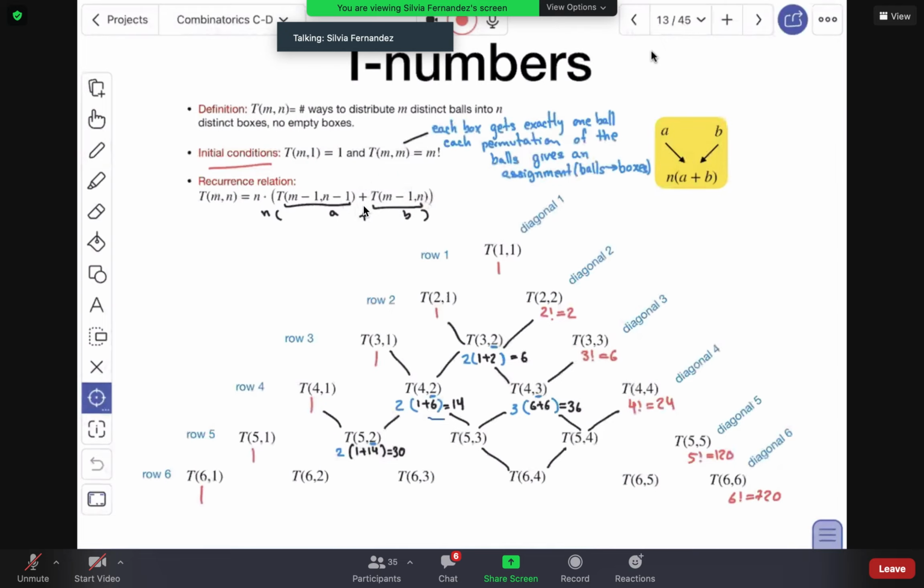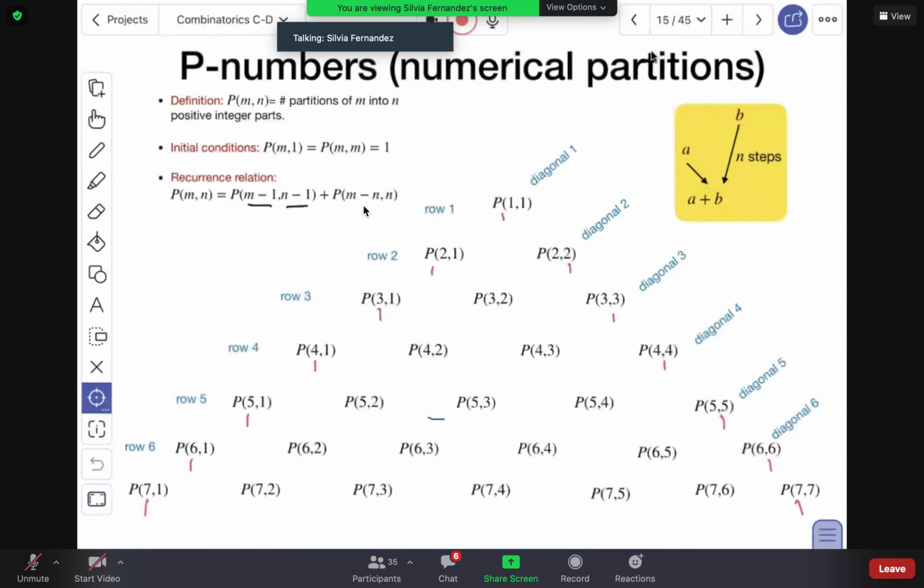In the numerical partitions triangle, this is m-n, n. So this is in a different row. It's not just one row above, it's n rows above. And it has to be the same entry as the one that we're trying to do. So you just have to go up along the diagonal.